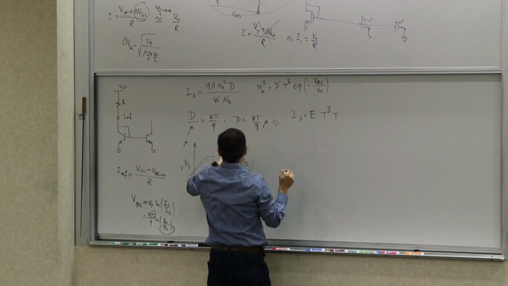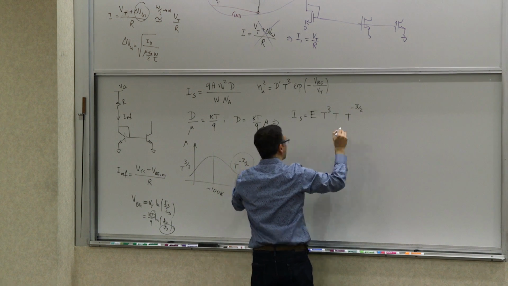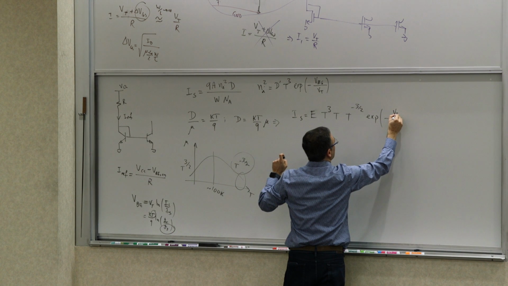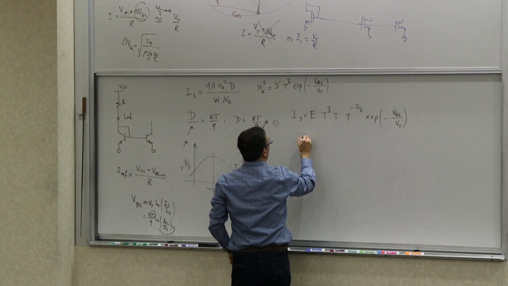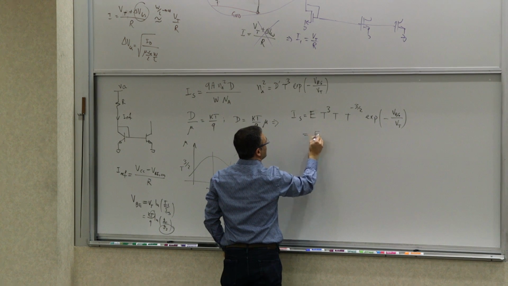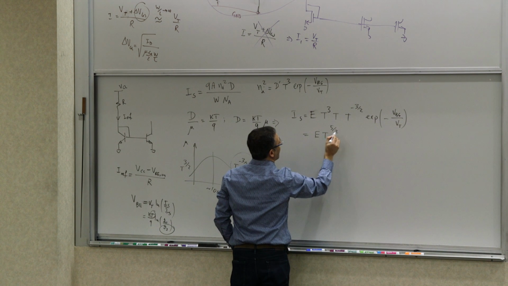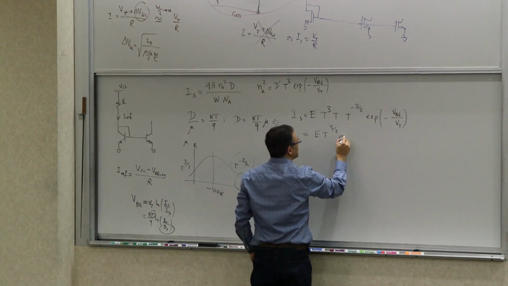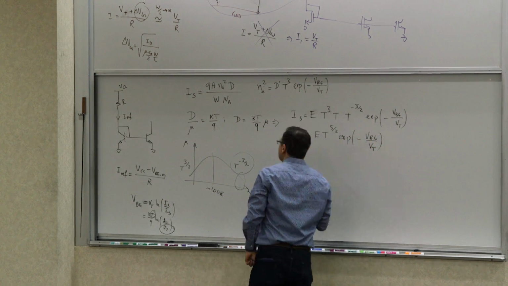And then you have the dependence on the mu, which is T to the negative 3/2. And then you have that exponential with the band gap. So you combine all of those things, you get roughly E T to the power of 5/2, E to the negative VBG over VT.